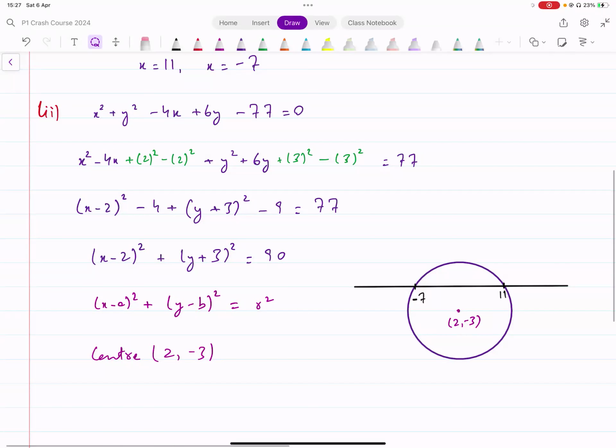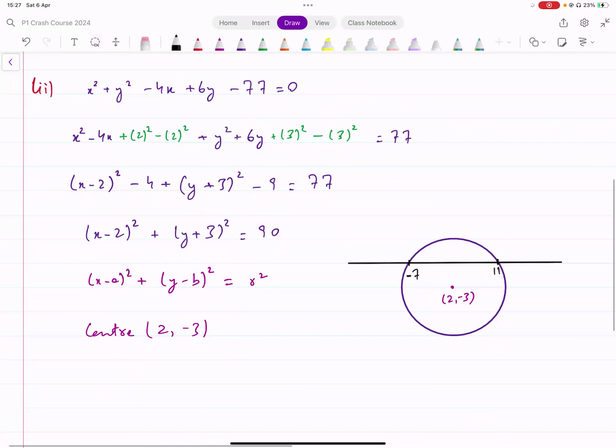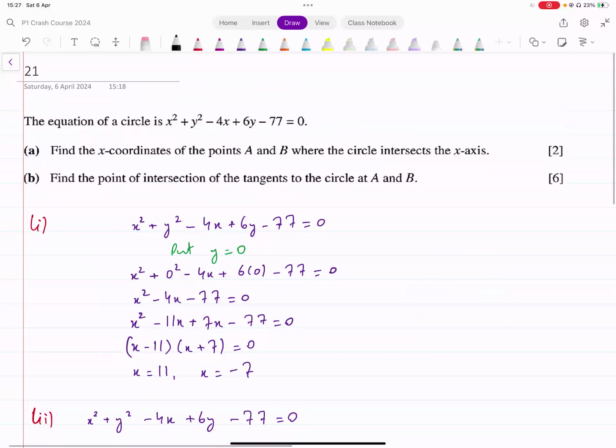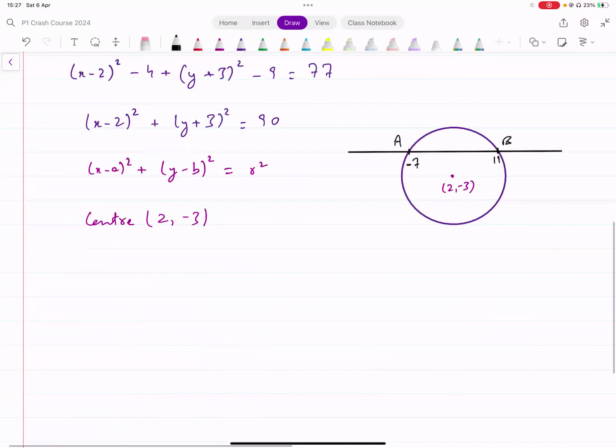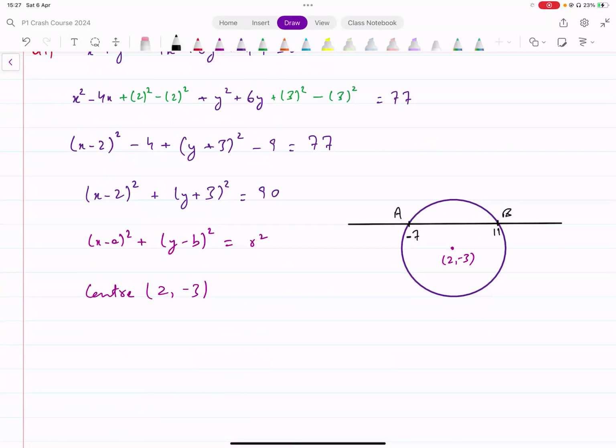Now, what they want us to do is, they're saying one of these points is A and the other is B. Let's call this A and this B. It doesn't matter, you could do it the other way around as well. It says find the point of intersection of the tangents to the circle at A and B. If I were to draw a tangent to the circle at A, it might look something like this. And the tangent to the circle at the point B might look something like this.